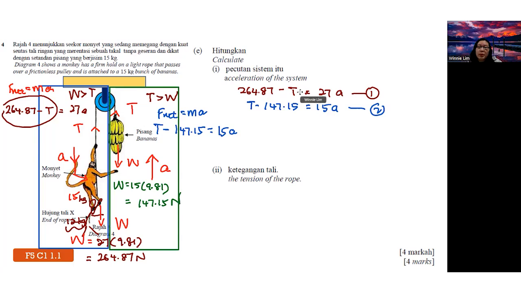I normally use elimination to cancel out the tension first, then only substitute. To eliminate the tension, negative T should be added to positive T. So that's why I will use equation 1 plus equation 2. Hence, I will have 246.87 minus 147.15 equals to 27A plus 15A.